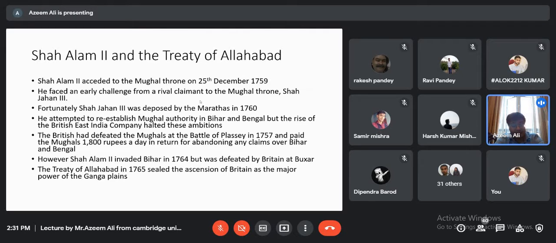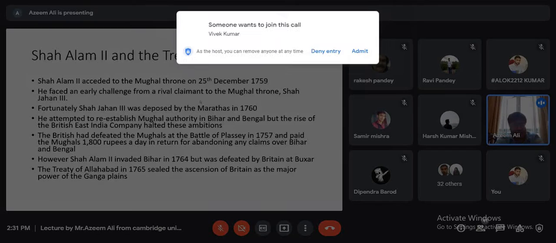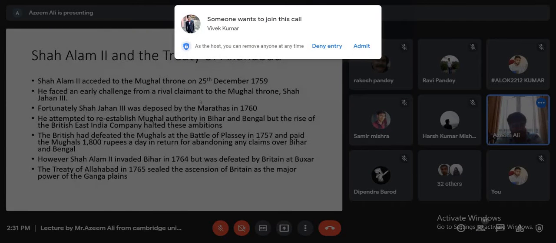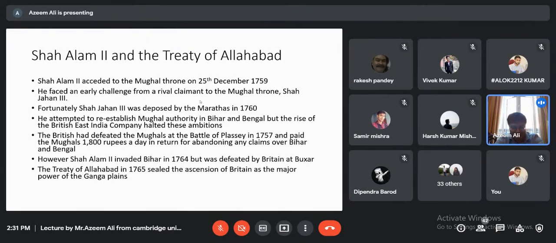The British had defeated the Mughals at the Battle of Plassey in 1757 in Bengal, and paid the Mughals 1,800 rupees a day in return for abandoning any claims over Bihar and Bengal. But despite this, Shah Alam II invaded Bihar in 1764 and was defeated decisively by Britain at Buxar in Bihar. The Treaty of Allahabad in 1765 sealed the ascension of Britain as the major power of the Ganga plains.